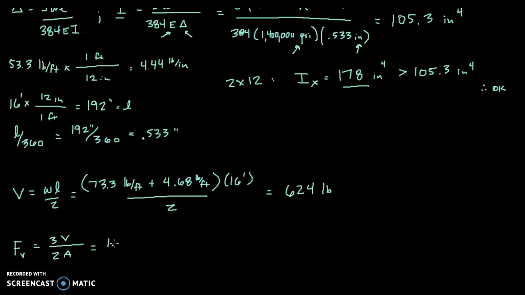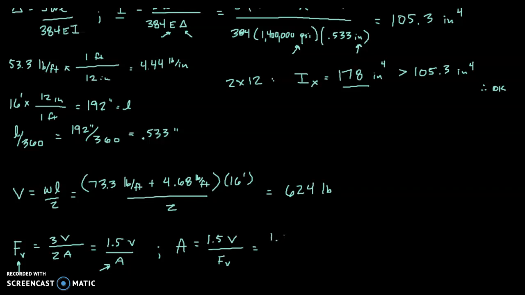So we could write that as 1.5 V over A. So what we would like to do is check to see, since we can look up an allowable shear stress, we would like to calculate what area is required. So we're just going to solve this equation for A rather than for F. And we get the required area is 1.5 times the total amount of shear divided by the allowable shear stress.